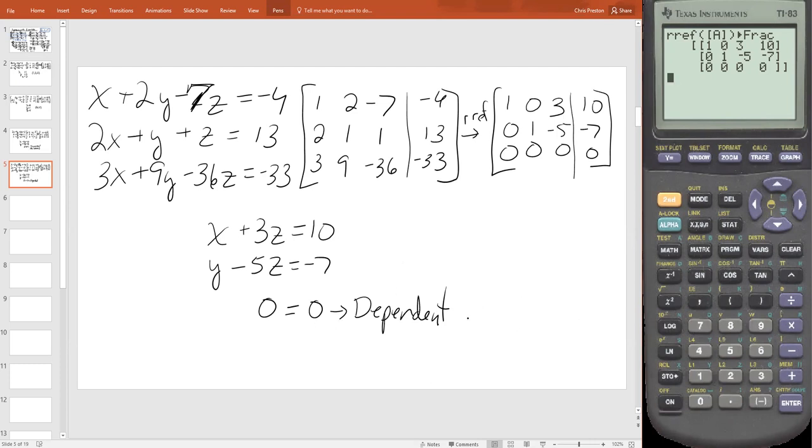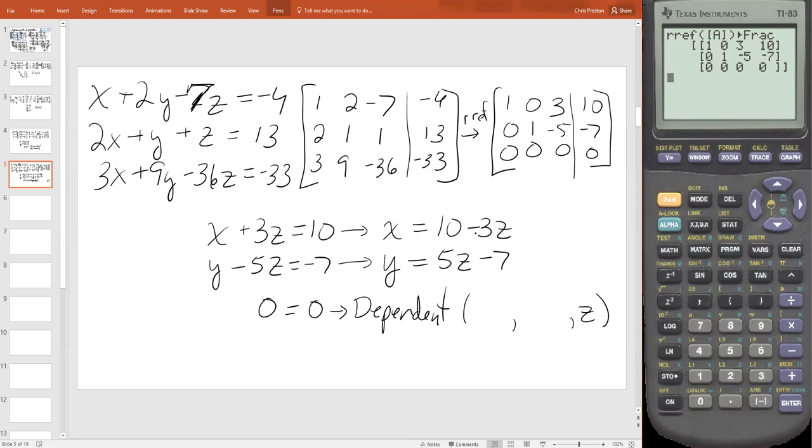Now, when it's dependent, we also have to write out the format of that. And what you're going to find is oftentimes z is going to be your independent variable, what everybody is based on. The reason is it is easier to translate these two equations up here into x equals 10 minus 3z and y equals 5z minus 7.